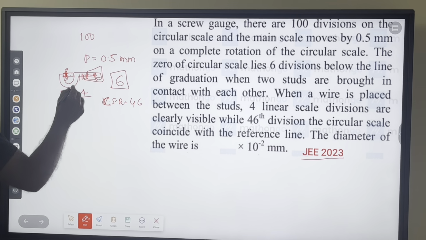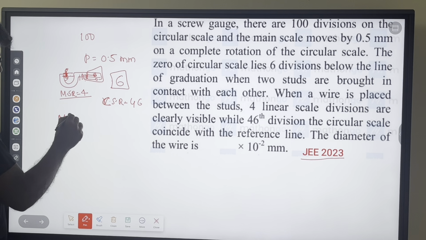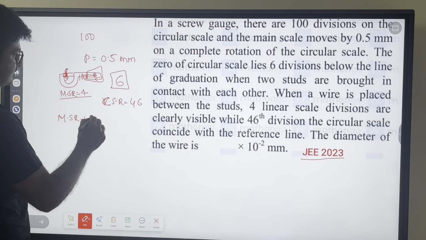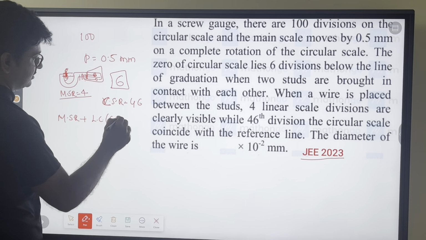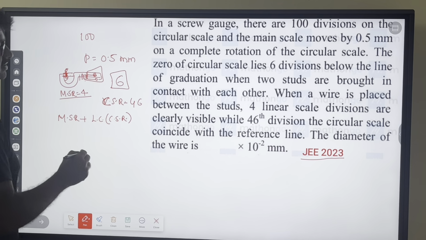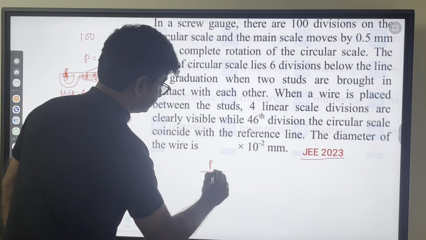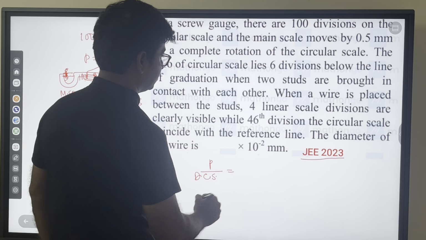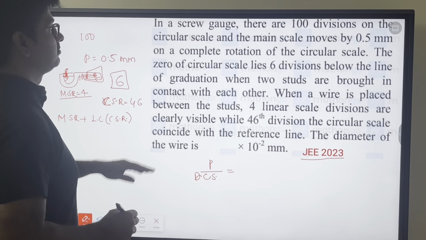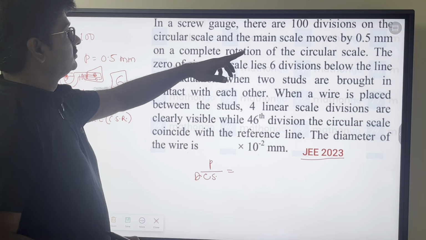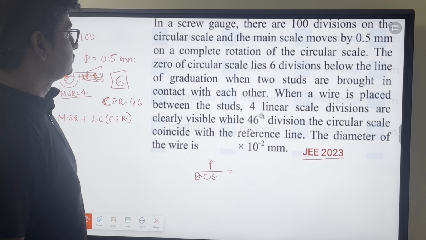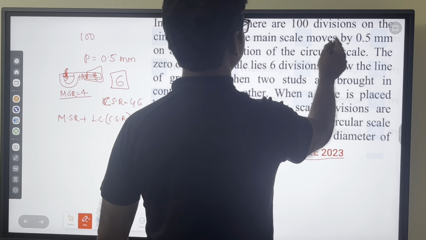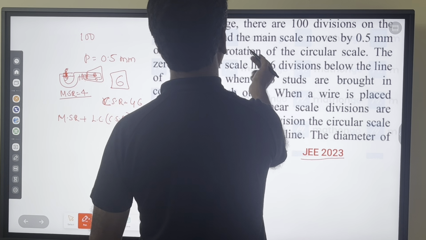So a very simple problem. What is the diameter of the wire now? Diameter of the wire is MSR or linear scale reading plus least count into circular scale reading. So we have to find the least count. What is the least count? Pitch by number of divisions on the circular scale. How much is the pitch? In the screw gauge, there are 100 divisions on the circular scale and the main scale moves by 0.5 mm on one complete rotation of the circular scale.